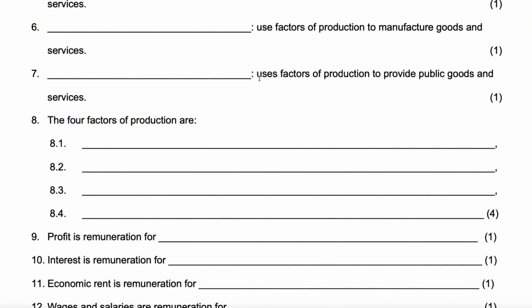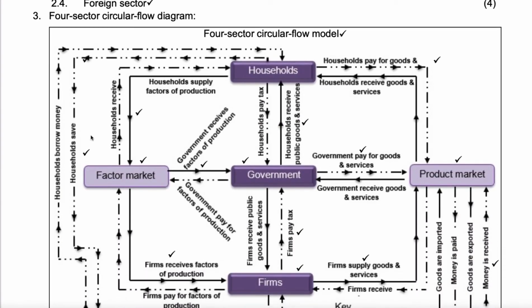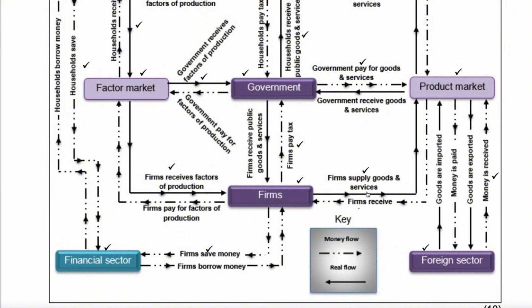Right. The next one. Who uses factors of production to manufacture goods? Now, the key here is the part that says goods and services. Why? Because look here, who is producing goods and services here? Look, firms receive money. What is that money for? Firms supply goods and services.